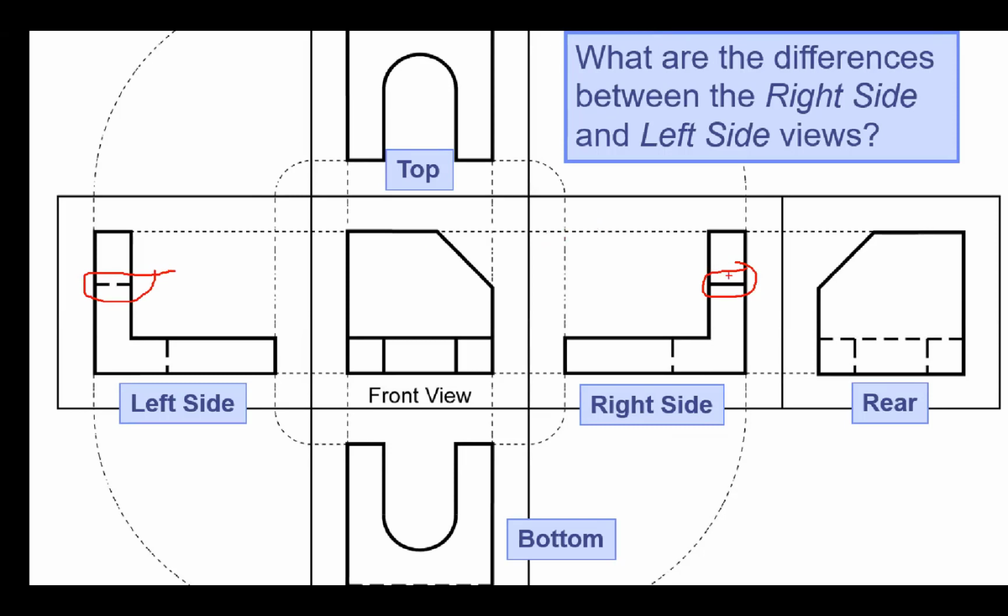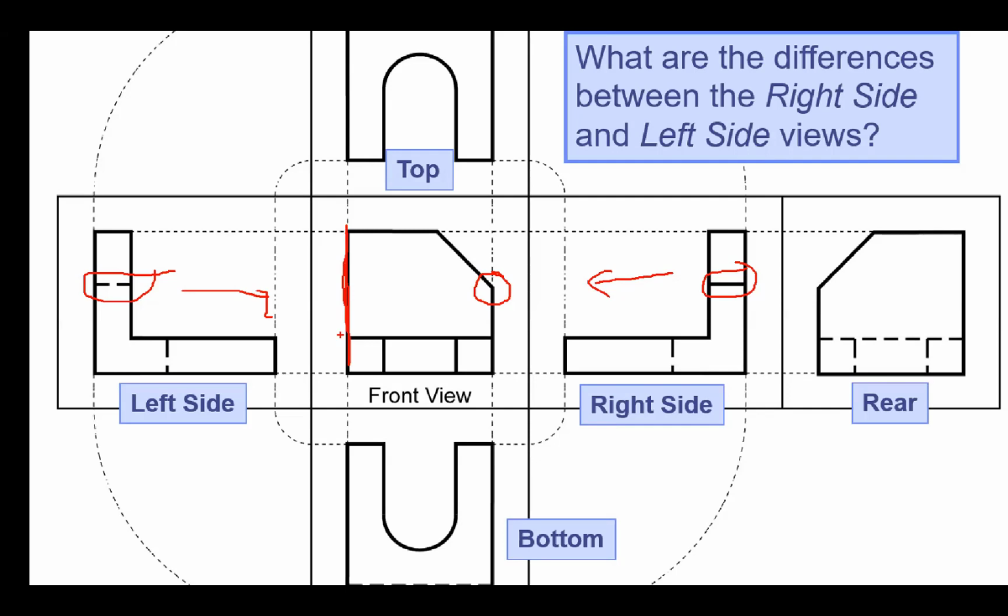So why is it a solid line in the right side view and a hidden line in the left side view? That line is representing this corner, right? And I actually see it if I'm looking from this direction. If I'm looking from this direction, that corner is hidden by this space. It's covered up. So that's why it's a hidden line in the left side view.